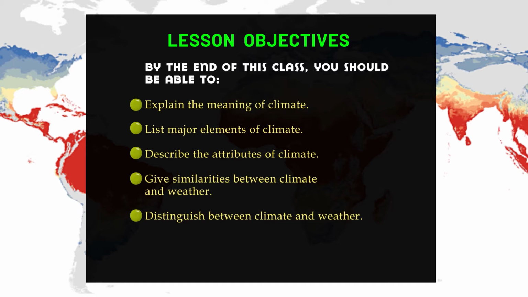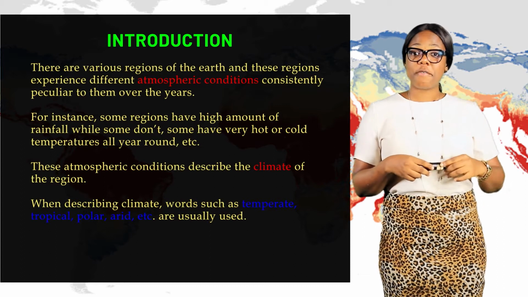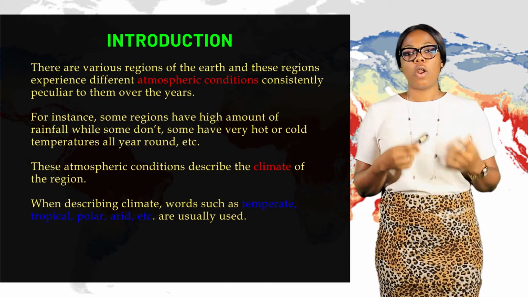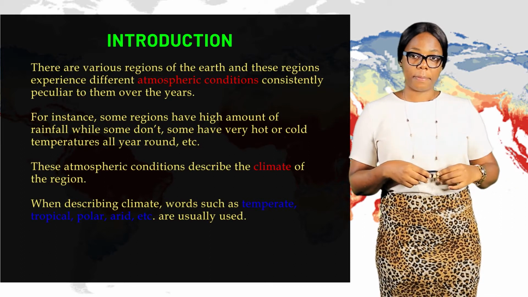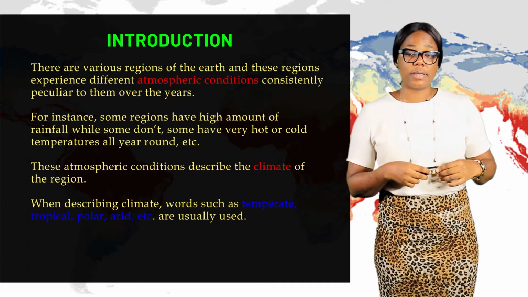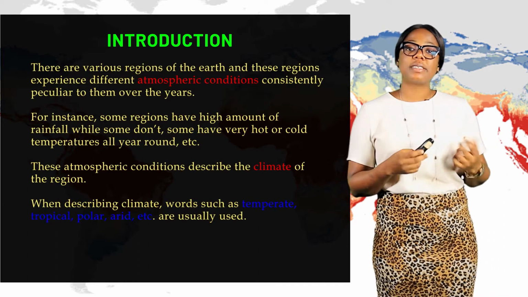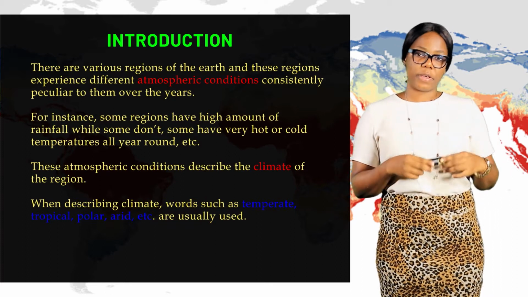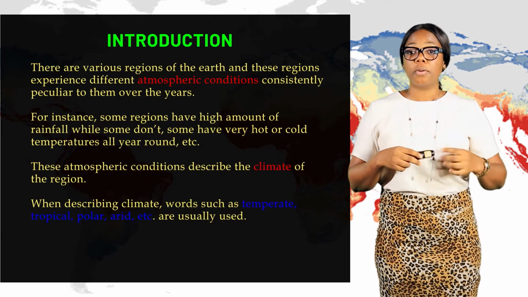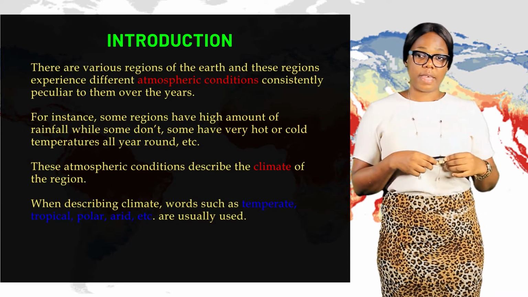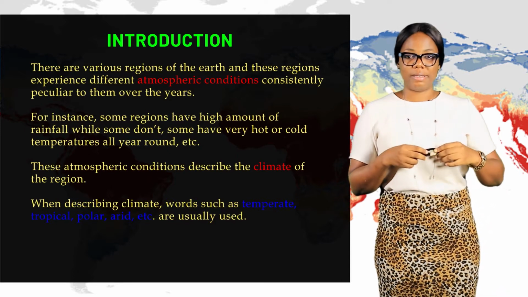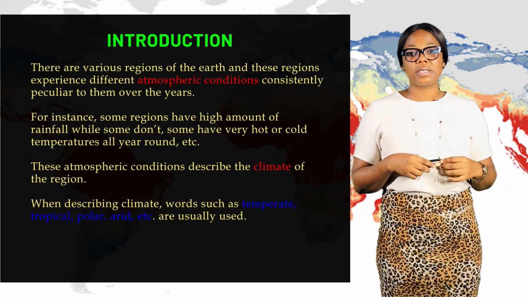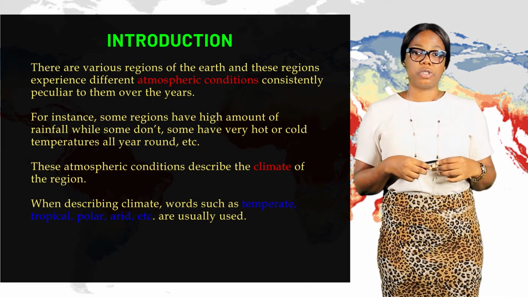Now let's go into the lesson proper. Not every region on the surface of the earth looks or feels the same. Different regions on the surface of the earth experience different atmospheric conditions that make them unique and peculiar. For example, some regions are very cold and dry, while some experience very hot atmospheric conditions.